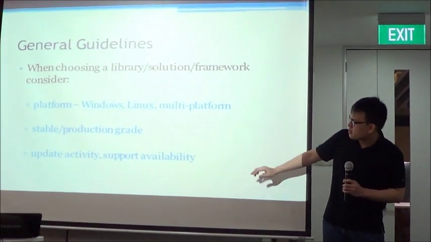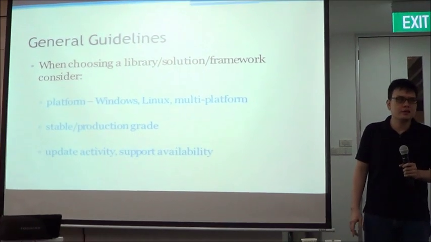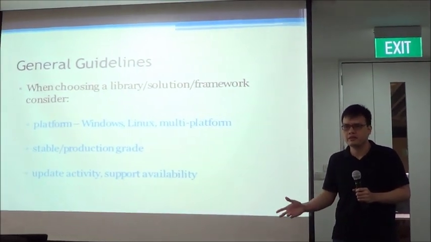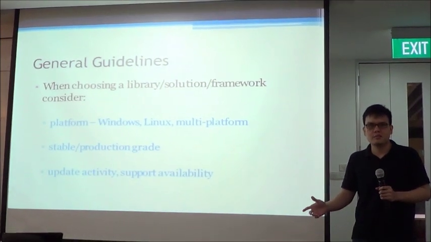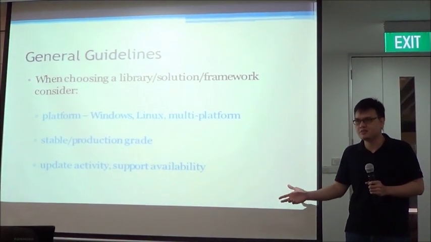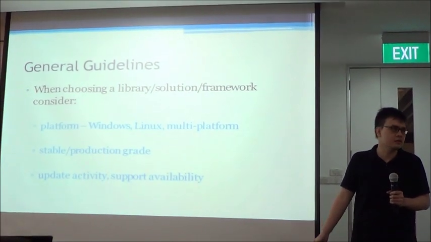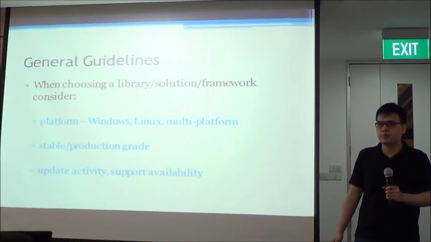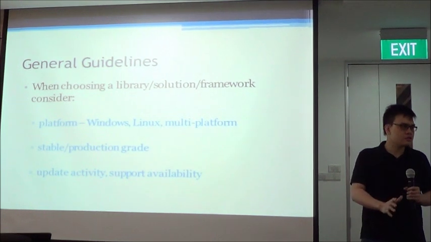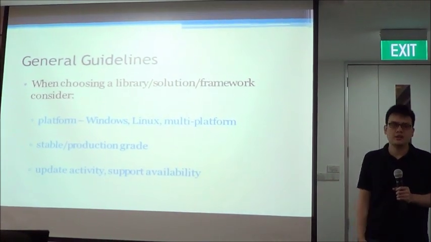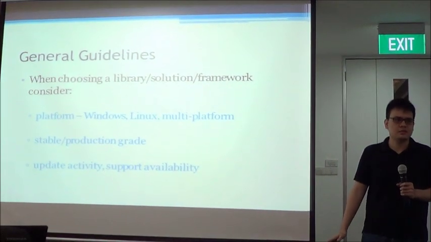Now, the last thing to consider is update activity. What I mean is whether that library is being constantly updated by the author, because you might be facing obsolescence if you have to rely on a library that was already abandoned. Also check for support availability. One thing that's good with the Python community is that there's actually a lot of support.